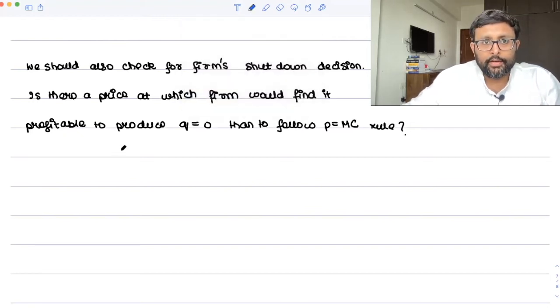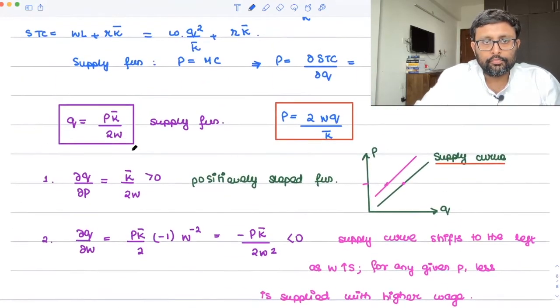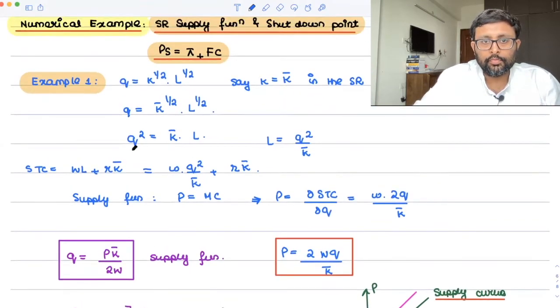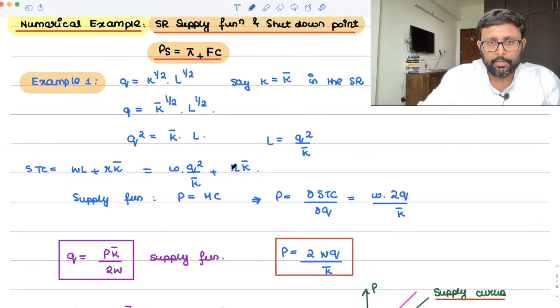Guys, you have written TC as what? This guy, WQ square upon K bar plus RK. This is what you have written.